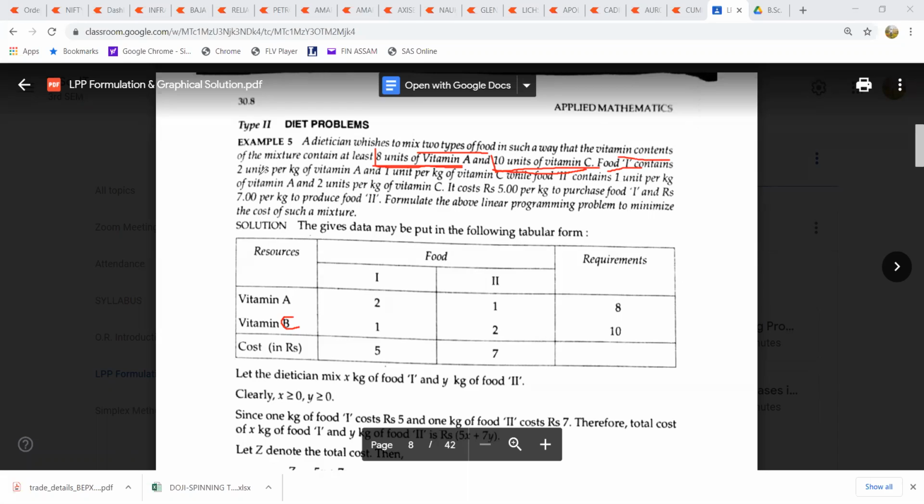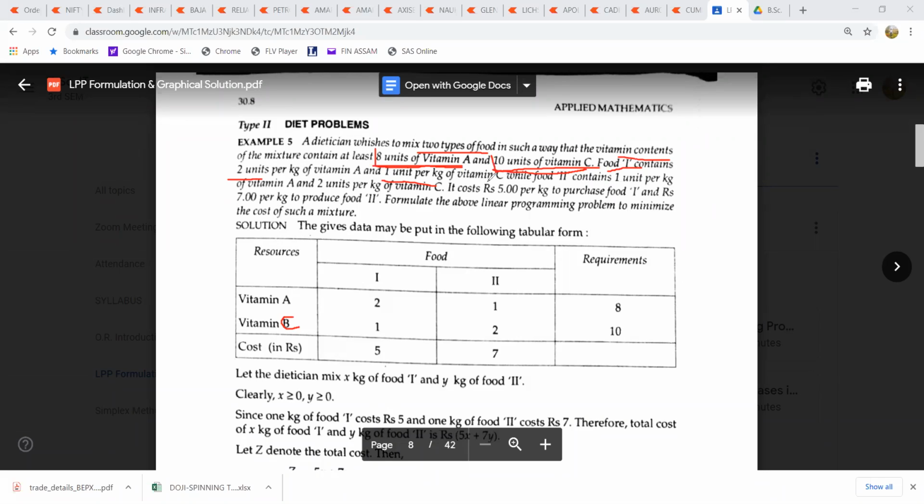Now in food one, what are the ingredients? Food one contains 2 units per kg of vitamin A and 1 unit per kg of vitamin C. That means in food one, per kg, 2 units of vitamin A and 1 unit of vitamin C is there.